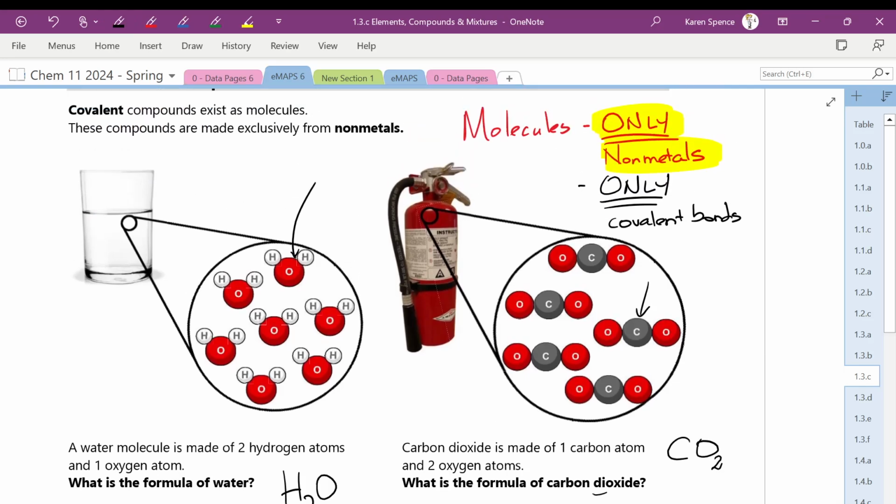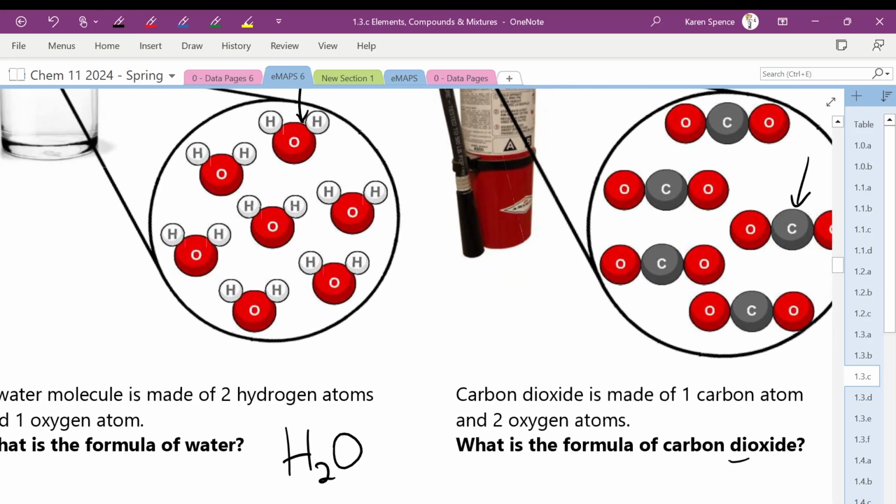When we write the formula for water, is that the simplest whole number ratio, or are those the actual number of atoms? Those are the actual number of atoms. It's not a simple ratio. It's not like water is ever H8O4, right? That doesn't happen.